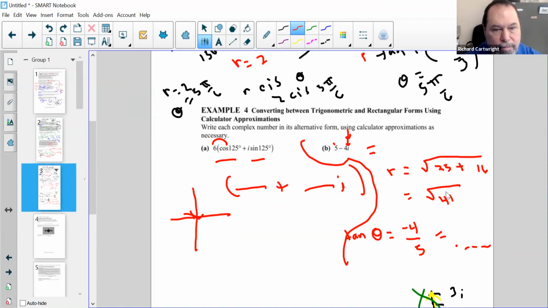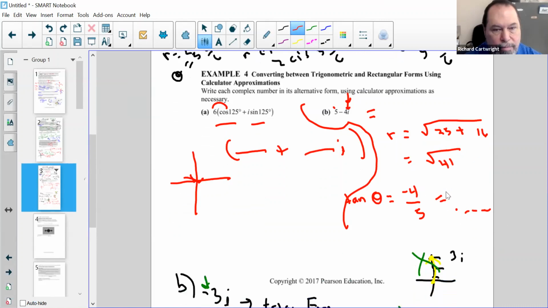So once you have those answers, how do we write it? We're going to write it in the cis form. Let's put black so you can see what I'm doing here.